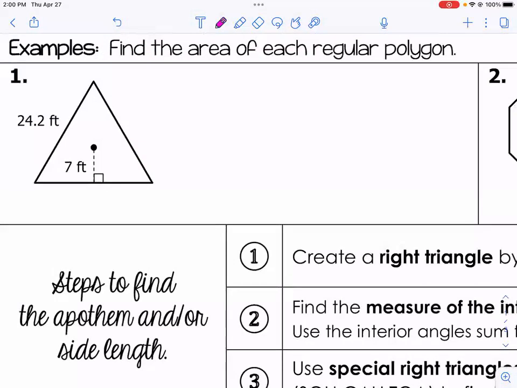Stella, what is the apothem in number 1? Okay, 7 is our apothem. If I want the perimeter, how do we figure out the perimeter? Okay, 24.2 times 3. What is that number?